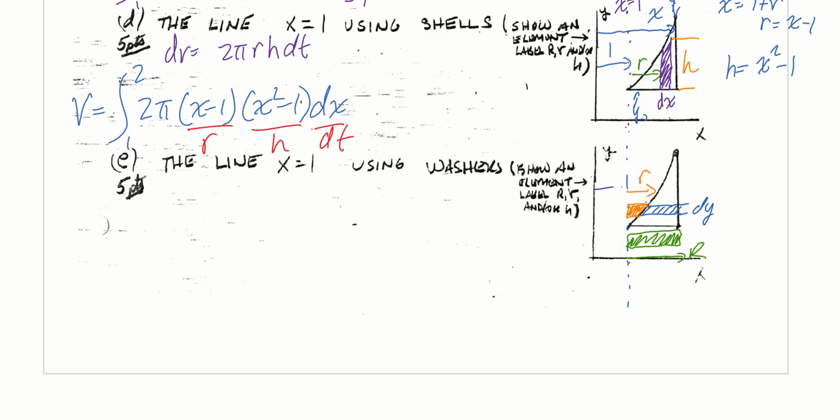So we know that from here to here is 1. And we know from here to here is x.